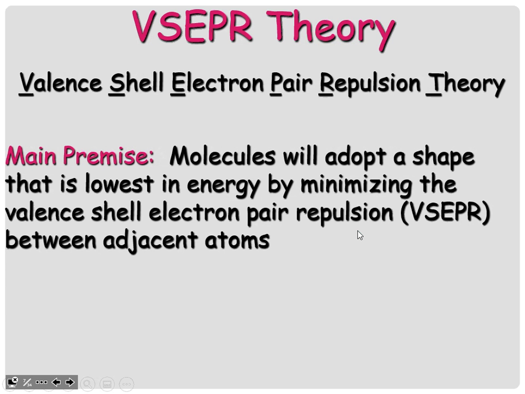The negative charges repel each other, okay? Whether it's a shared bond or a lone pair or an unshared pair. We call the unshared pair lone pair of electrons. So there is a repulsion between these electrons, and that repulsion is what determines the shape of the molecule.